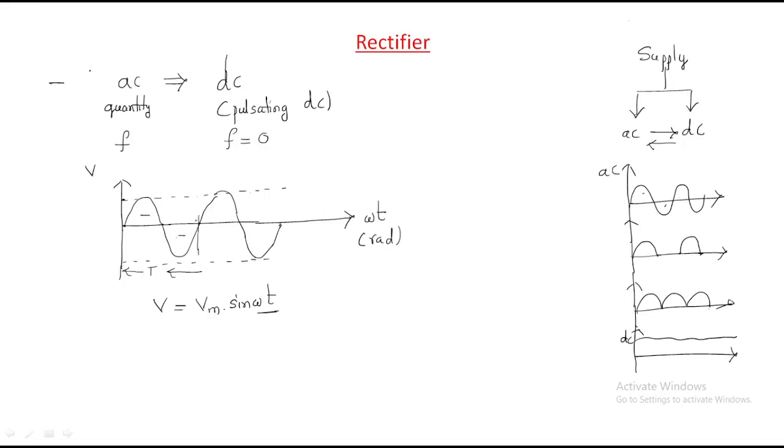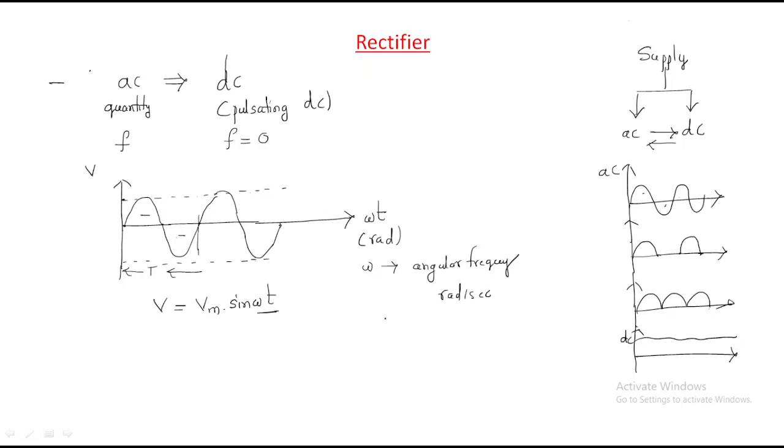The complete cycle always repeats. The part which is repeated is the time period. And omega is the angular frequency; in omega t, omega is the angular frequency, with units of radians per second.